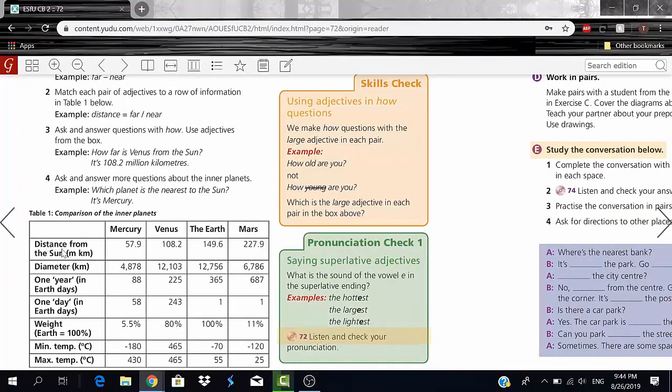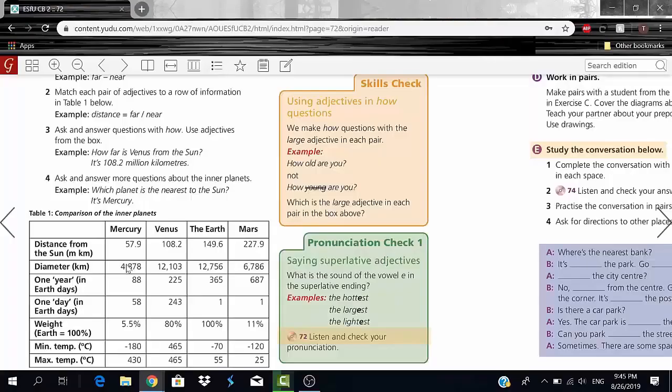For example, distance, diameter. So if I'm talking about the distance, you guys, what will I say? That's correct. We use far and near, okay? So I use these two adjectives, obviously opposites, when talking about distance.